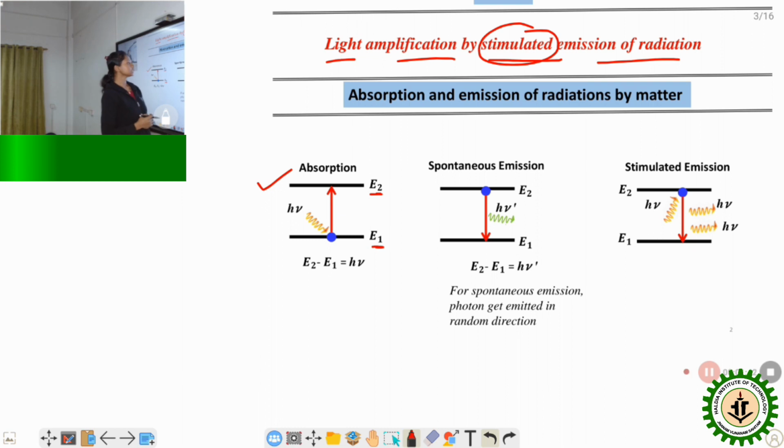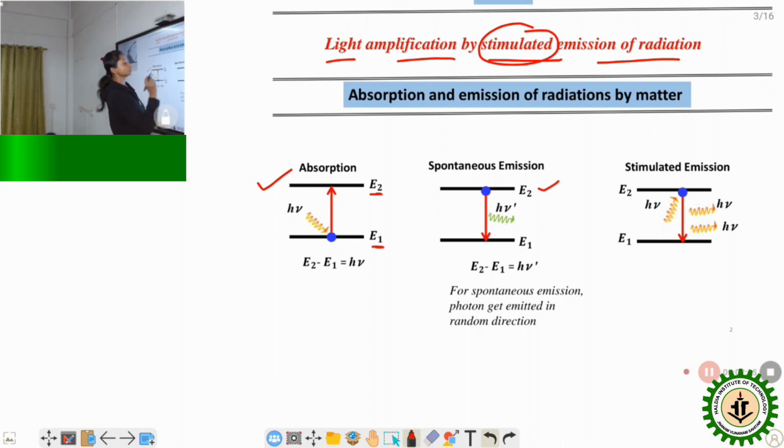And the emission process. Emission means that there are a few atoms at the higher excited state and they will come to the ground state by emitting some radiation. That is called emission. But there are two types of emission. In the normal case, there are atoms at the excited state E2.